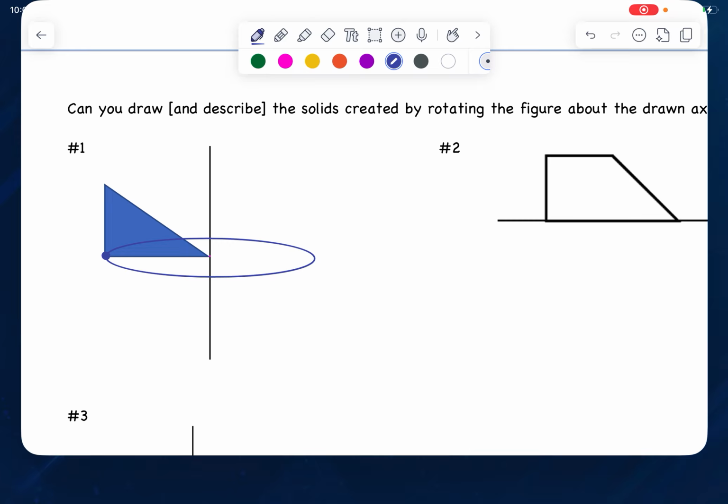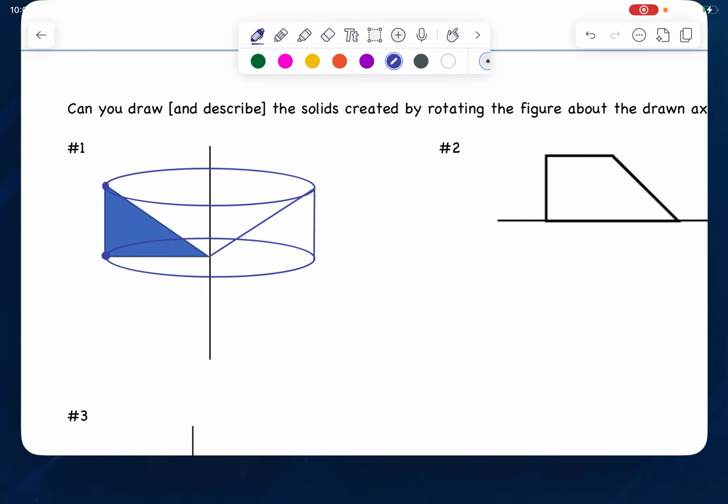Right, so this point right here is going to be spinning around the axis, which is going to create this oval shape, right? And this point right here is going to be doing the exact same thing. So I'm also going to have an oval with this one. And then, of course, I'm going to connect this and then draw a line. I'm basically drawing its little reflection on the other side.